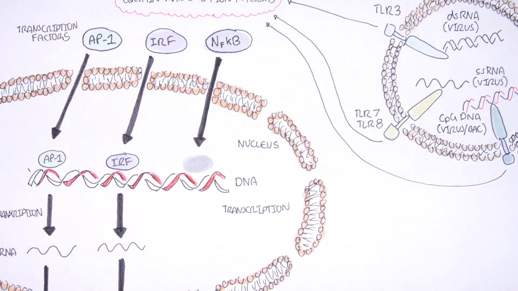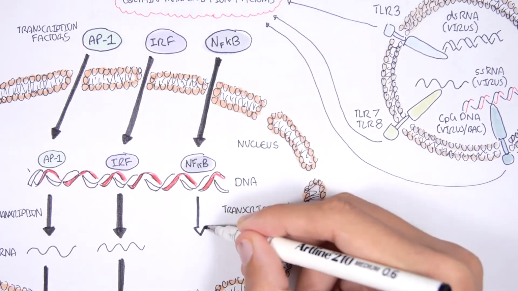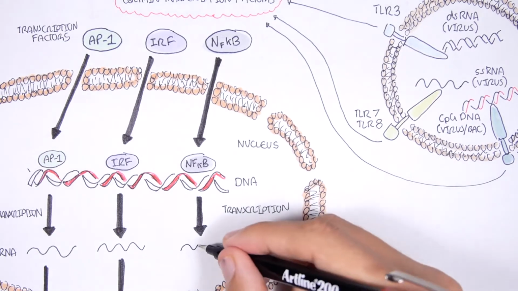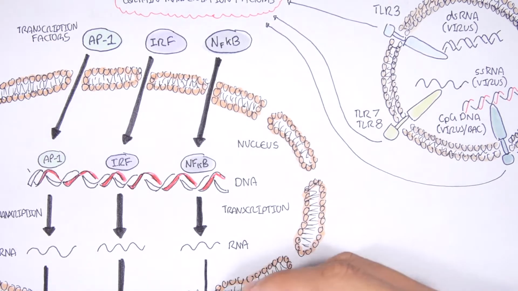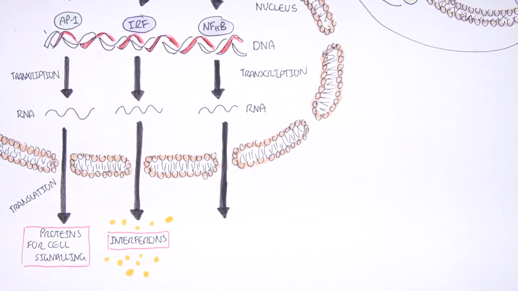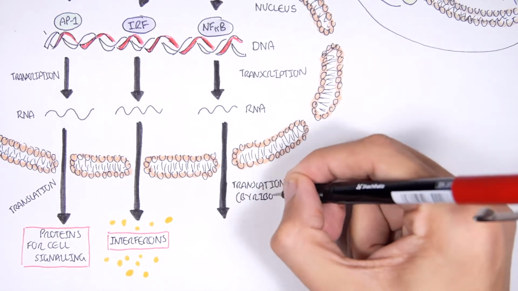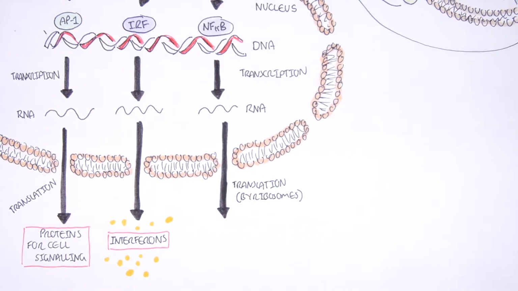Now, NFKB stands for nuclear factor kappa B, and this is probably the most famous transcription factor. It's associated with many types of diseases. NF-kappa B will activate genes in DNA that will transcribe for a specific RNA that will make essentially cytokines.